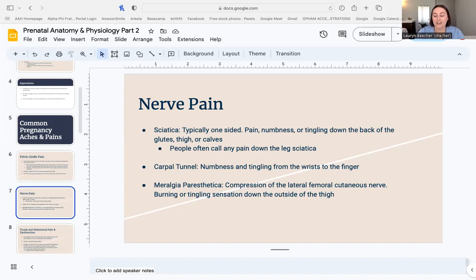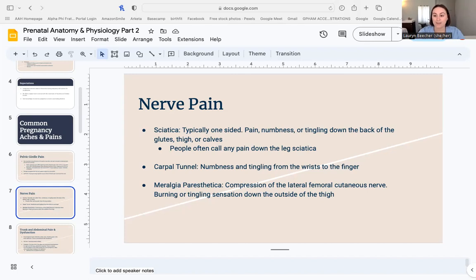One thing to note here is that people will often call any type of leg pain sciatica. So again, teasing things apart a little bit of, well, how would you describe the pain? Nerve pain is often numbness or tingling, feeling a little bit of a pins and needles type of feeling.